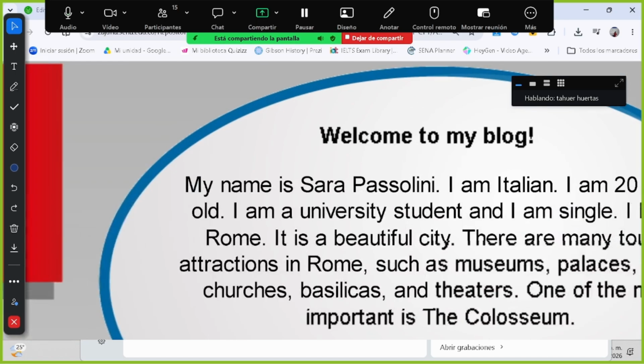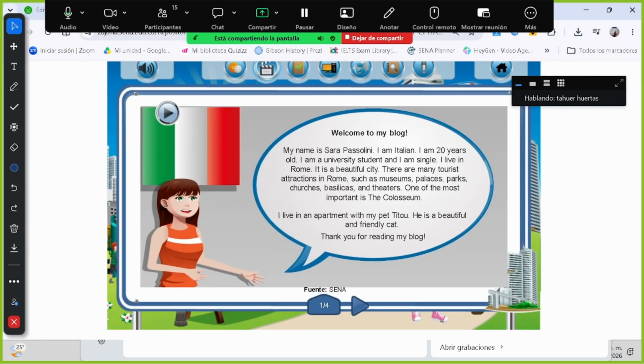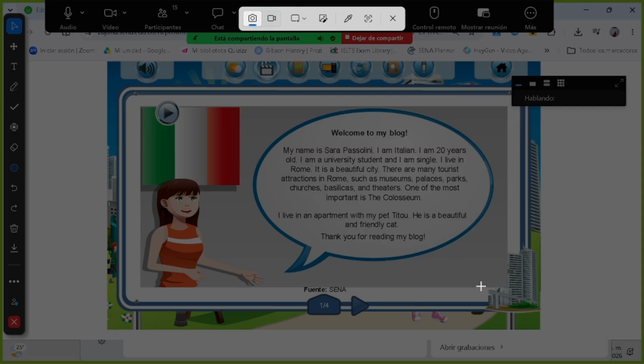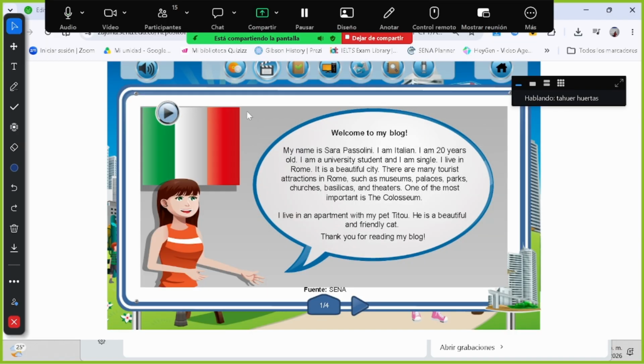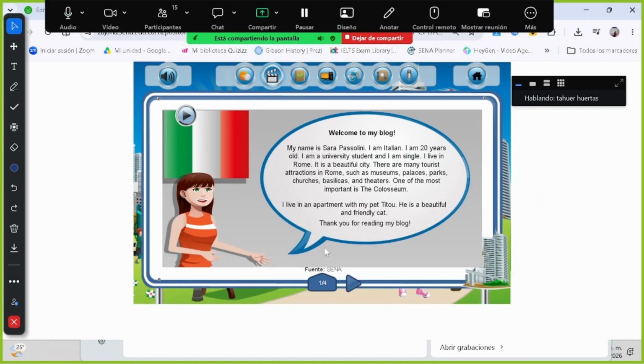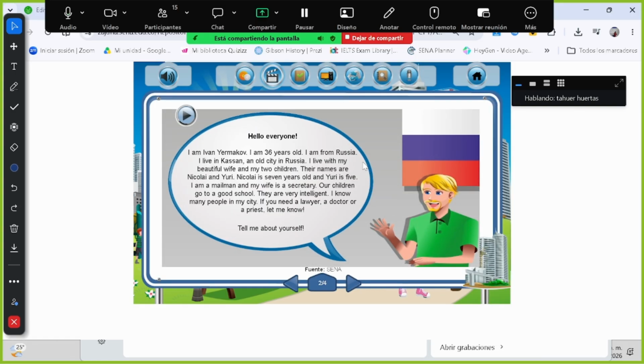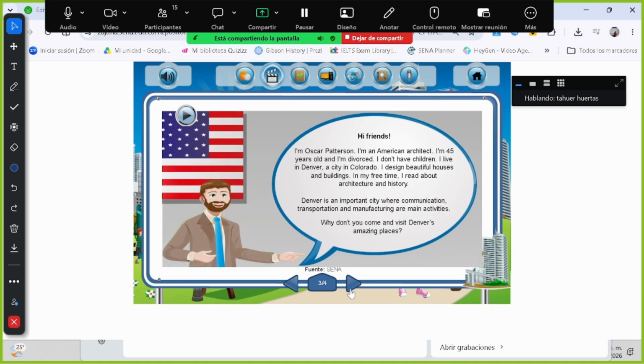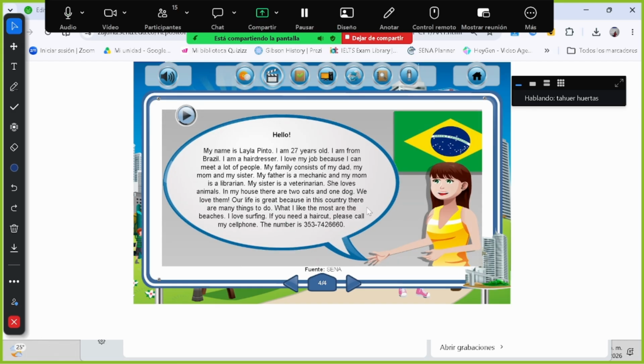If you want, you can pause the recording, the audio, and then play it again. If you want, you can take a screenshot. Yes, a screenshot and save it in your phone, in your computer, so you can practice this test. Okay. 1, 2, another example. 3, 4. Right?